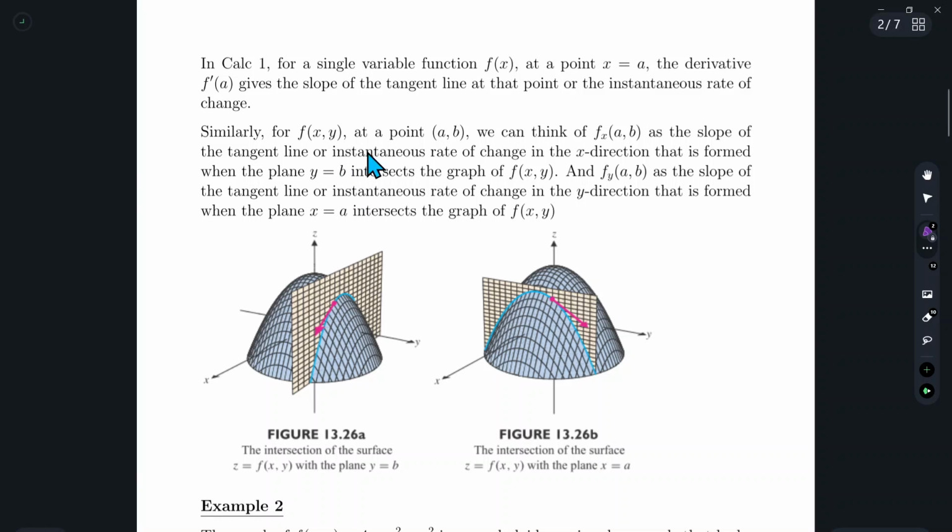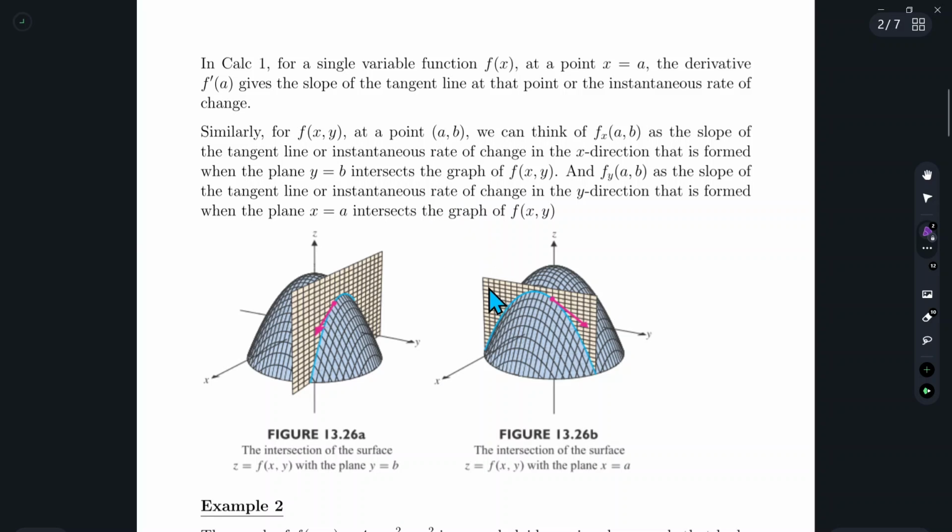For the partial derivative with respect to x, imagine taking a plane that's parallel to the x-axis and cutting through the graph, producing a cross-section through the specified point. The cross-section cuts out this light blue curve, and the partial derivative with respect to x at the specific point gives you the slope of this tangent line highlighted in pink.